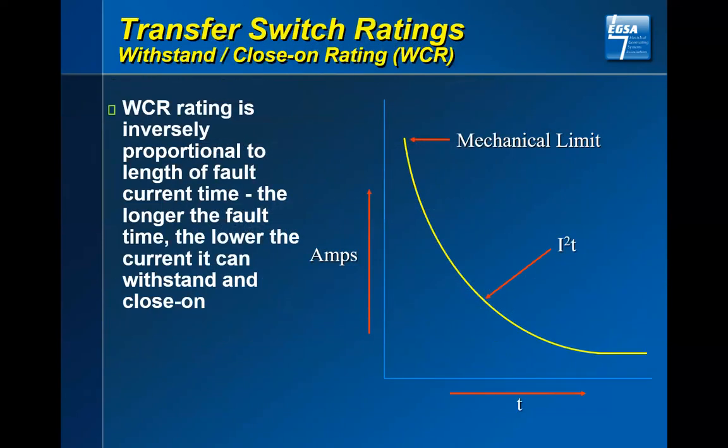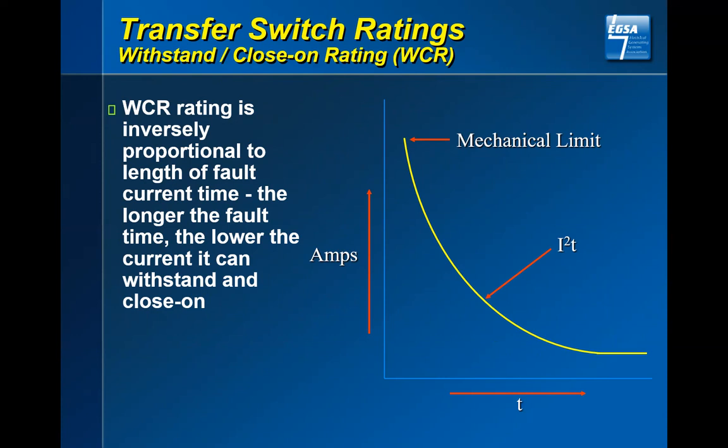What does all of this mean? This is what's referred to as an inverse time curve. So if you look on the left side, the number of amps, again, this may be a 600 amp switch, but I'm going to have 25, 30,000 amps instantaneous of a fault current. You will notice that if I'm that high up, I have a very short period of time that I can withstand that without damaging my equipment.